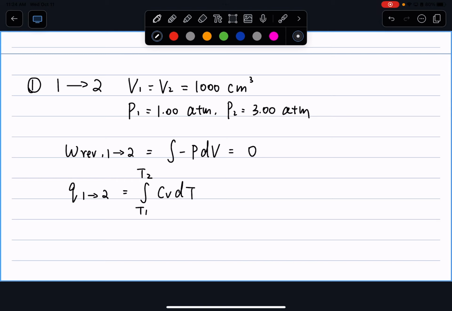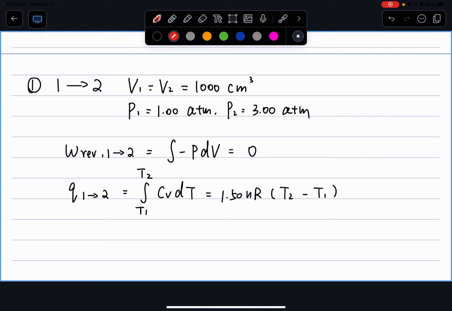This is the definition equation we're using, so dq will always equal CV dT. Taking that integral, what we end up having is CV equals 1.50 nR times T2 minus T1.